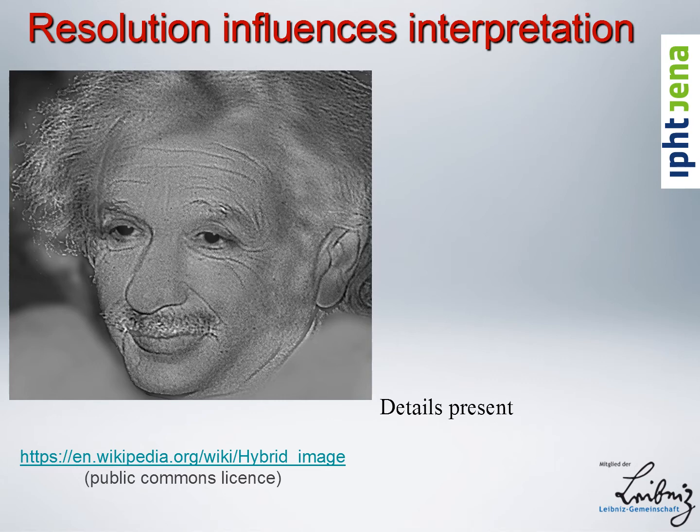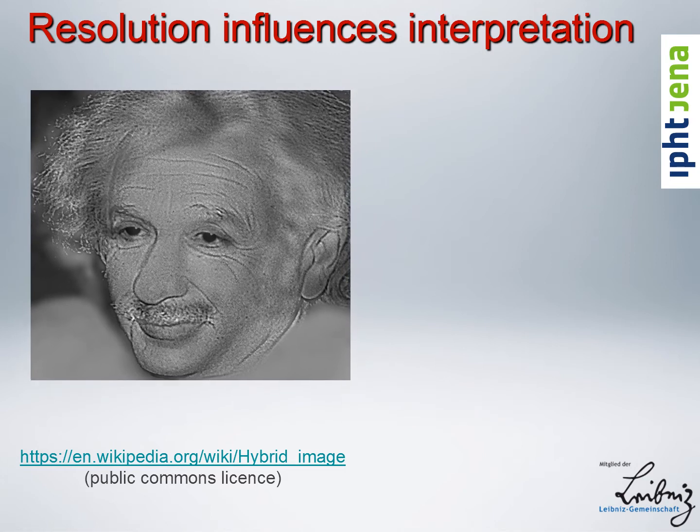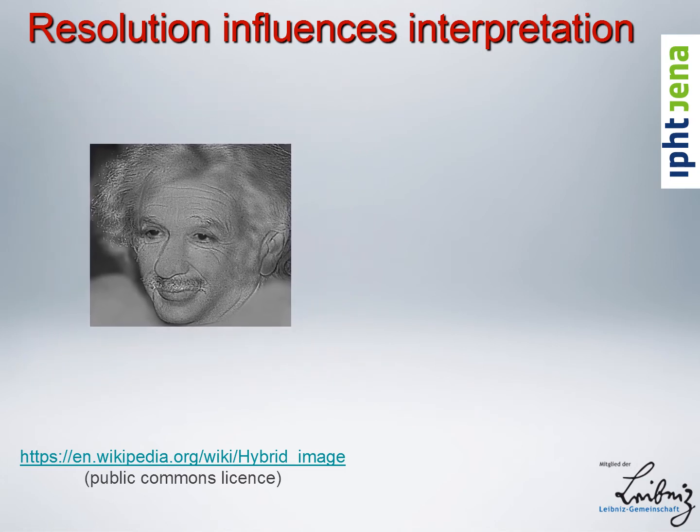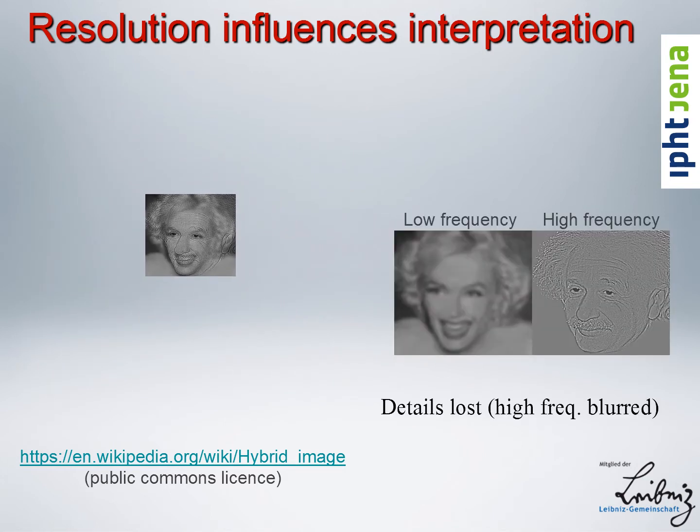Well, I'm going to help you, make it a little smaller for you. So what are you seeing now? Presumably you're seeing Marilyn Monroe. This is exactly the same image, but presented to you by virtue of your eye in different resolutions. And as you see, you have a very different interpretation.